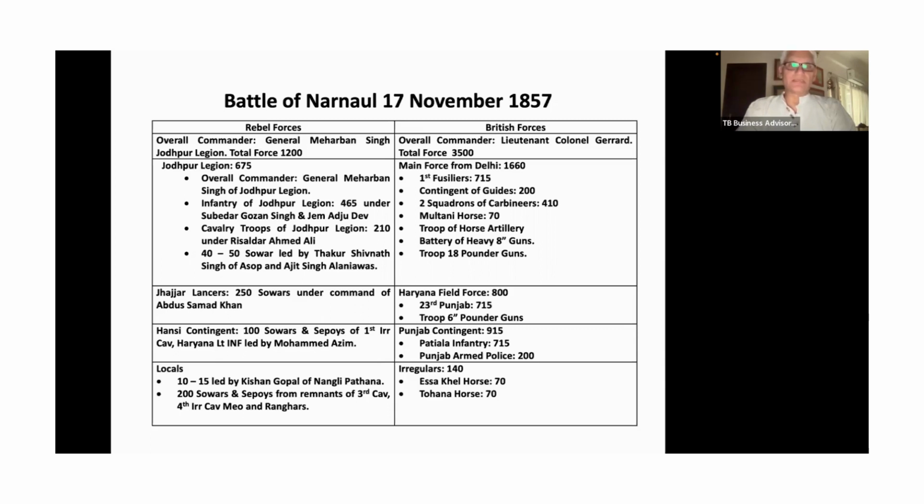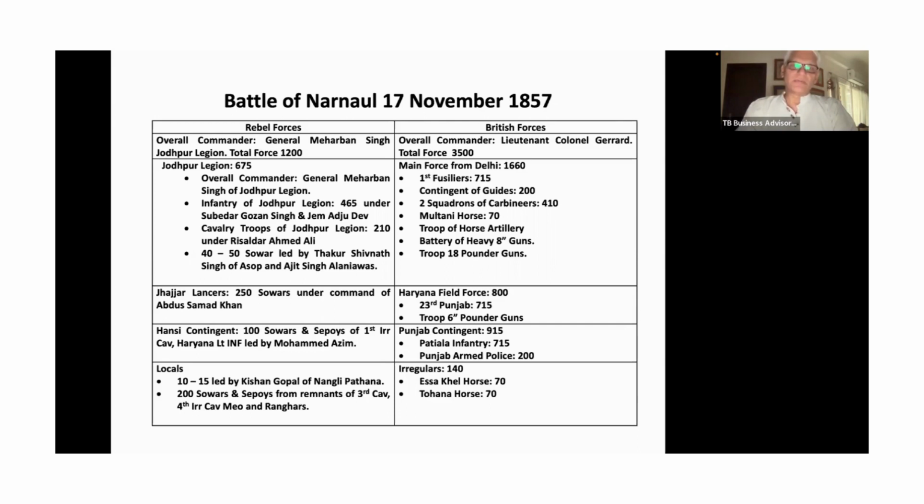It is at this stage that the leadership of this force decided to measure themselves against the British and converted themselves from the Jodhpur Legion to Fauj-e-Shahidan, in other words, army of martyrs.